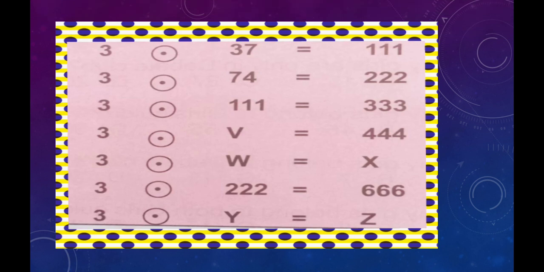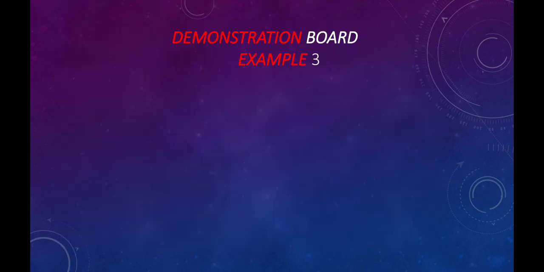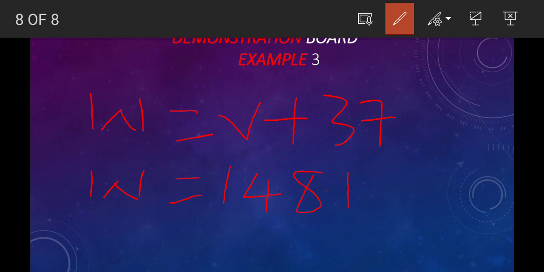That leads us straight to our demonstration board. We have W is equal to the value of V plus 37, which is the difference between them. Then W is equal to, and our value of V is 148, plus 37.